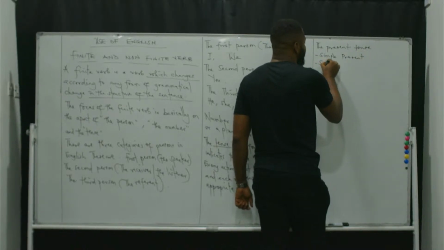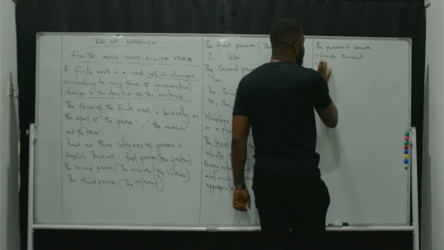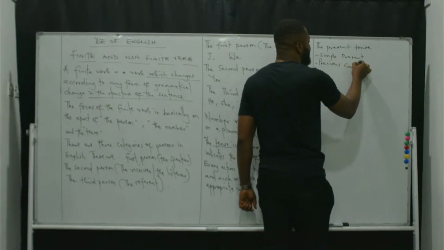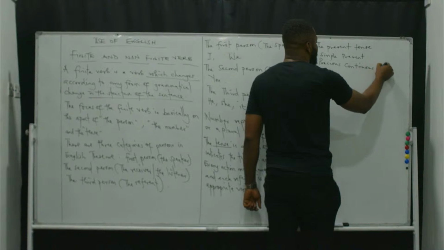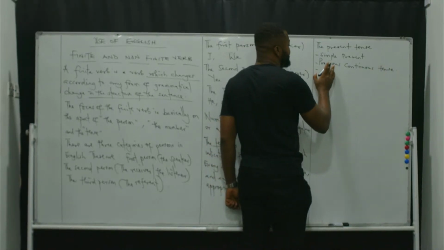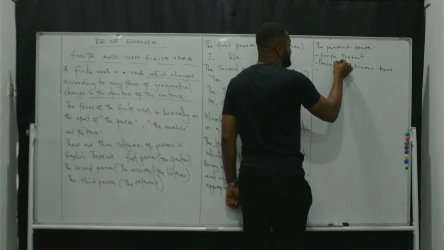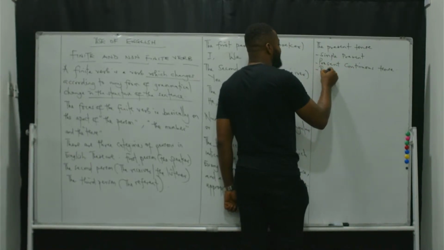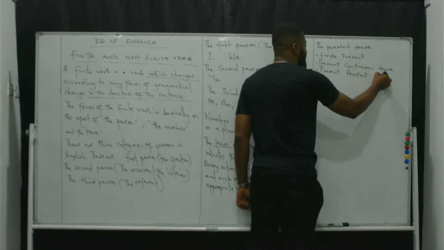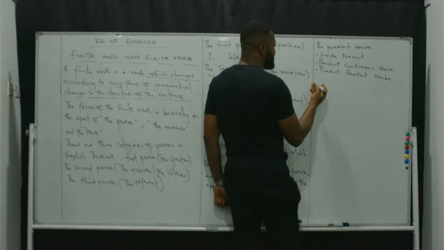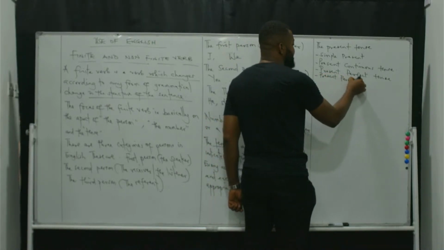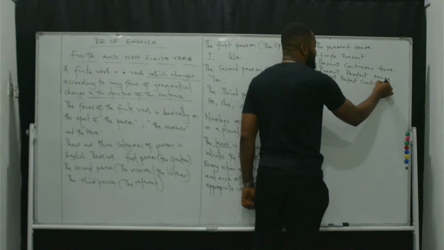You now have present continuous. Can you see that? Present continuous tense. All right, so you have present continuous tense, you have present perfect tense. All right, and then you also have a subcategory which is the present perfect continuous tense.